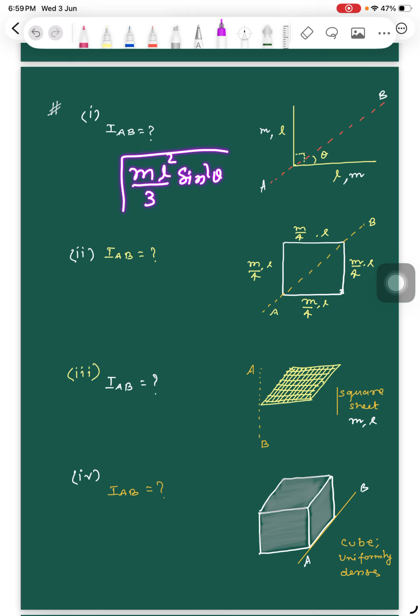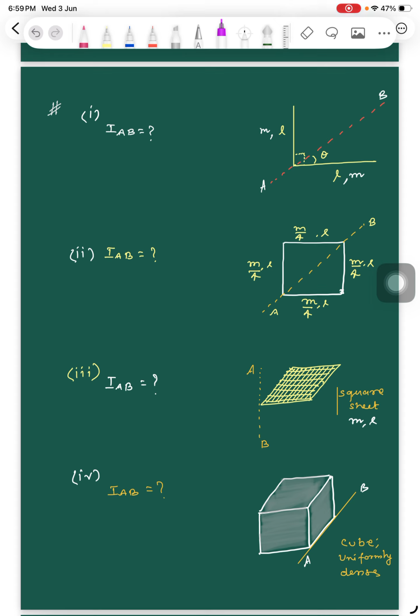You can verify it: if you take theta 90, then this line is perpendicular to the rod and passing through the end of the rod, and about the end of the rod the moment of inertia is ML square by 3. So if you place theta equal to 90, you will get the correct answer.